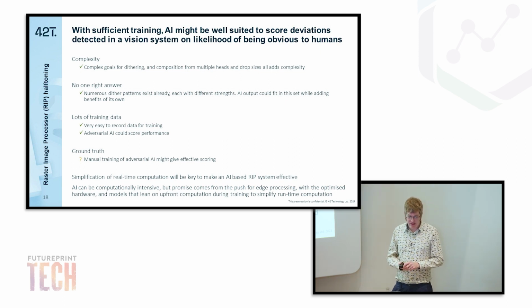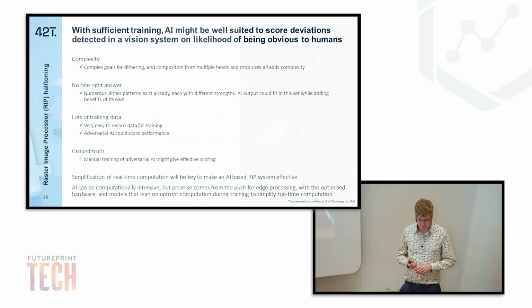I think the key thing is real-time computation, simplifying that will be absolutely critical here. AI is traditionally very computationally intensive, but it actually has quite promising applications for edge processing. So effectively, you put all the computational complexity in creating the AI model, and then you create a relatively simple deployment of that. And the key thing is this needs to be simple in runtime.